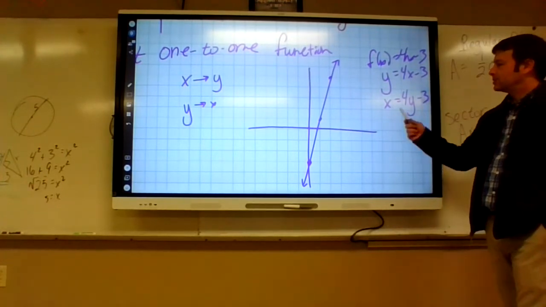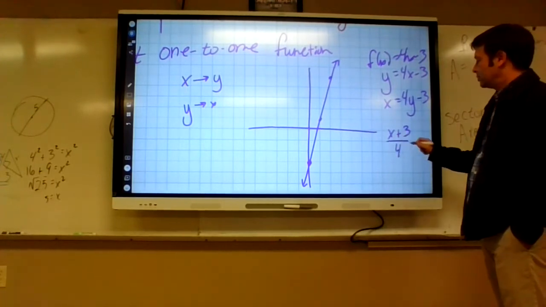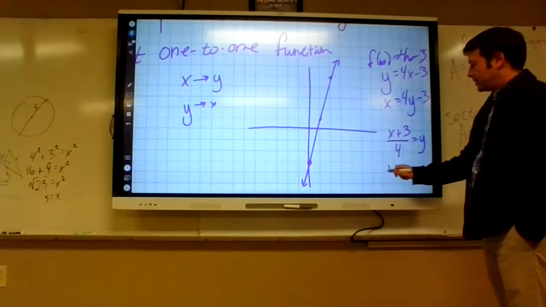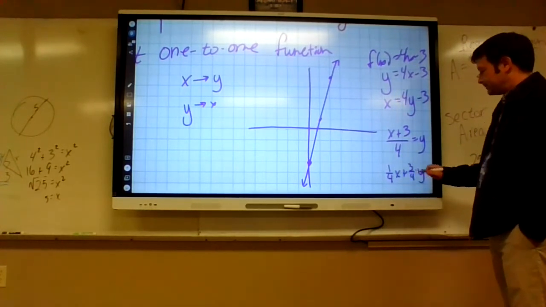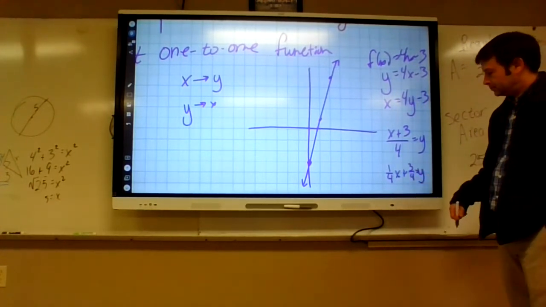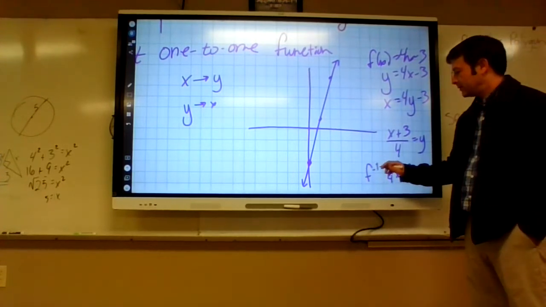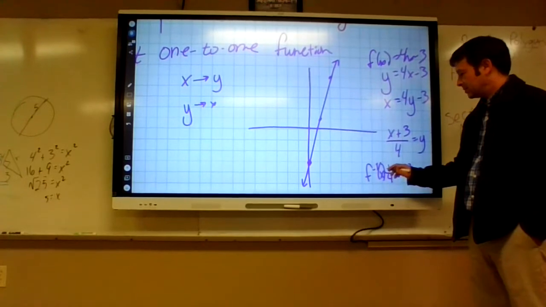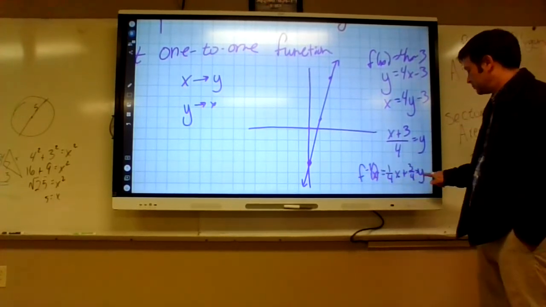Plus 3, divided by 4. You could write it like that, or x over 4 plus 3/4. That's number B. I guess I'll call it f inverse of x.